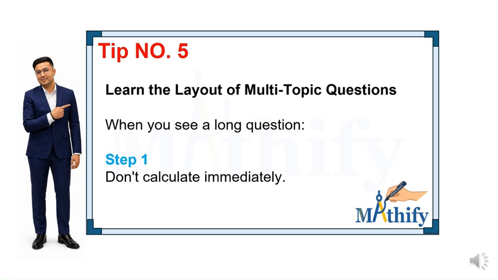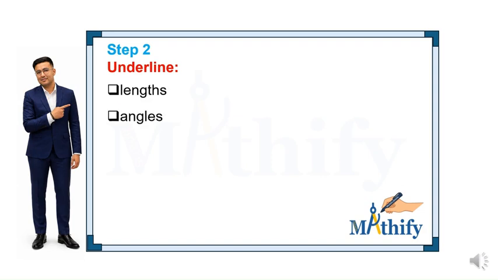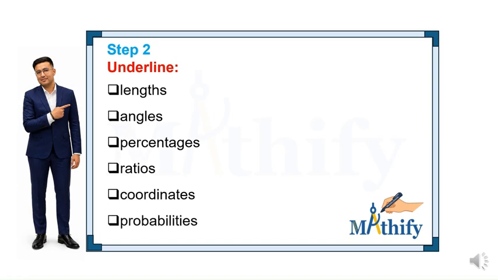If you don't understand, use a highlighter to highlight key facts that will be helpful for your calculations. Step number 2, underline lengths, angles, percentages, ratios, coordinates, or probabilities.